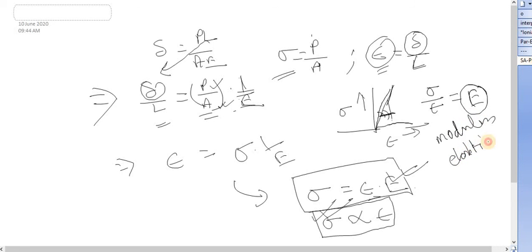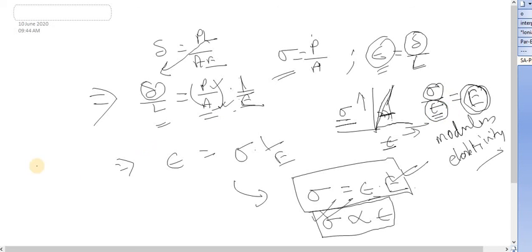Okay, so in many examination questions, the stress is given, strain is given, or the material property is given, stress is given. You need to ask for finding this strain value.